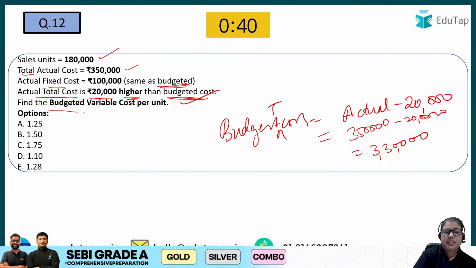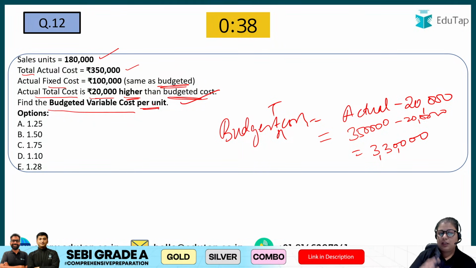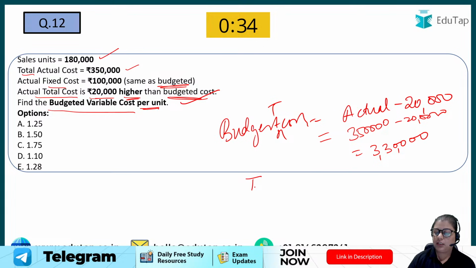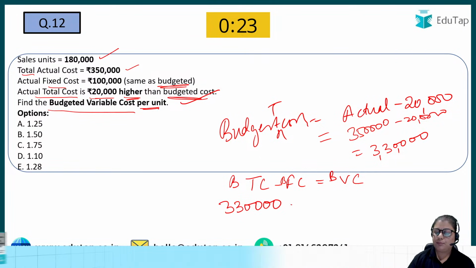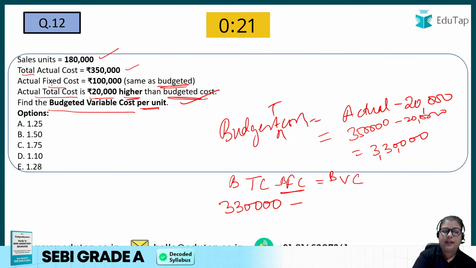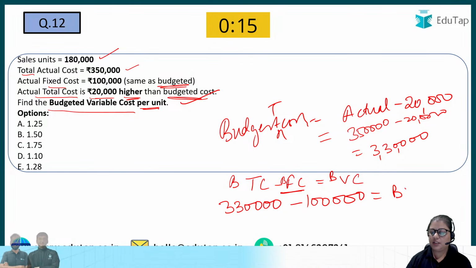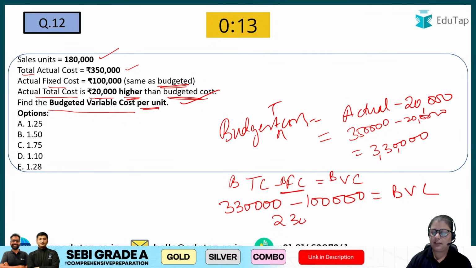Now they are saying budgeted variable cost but per unit. So first let us find out the budgeted variable cost. Total cost minus fixed cost will give me the variable cost. Now everything will be budgeted here. So budgeted total cost we have 3,30,000 minus budgeted fixed cost 1 lakh, because actual is same as budgeted. So it will be 2,30,000 will be my budgeted variable cost.